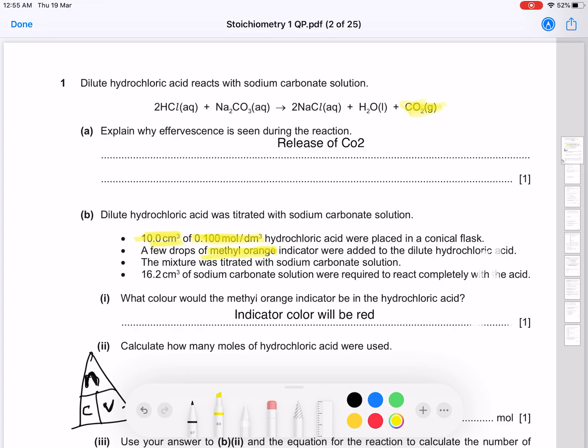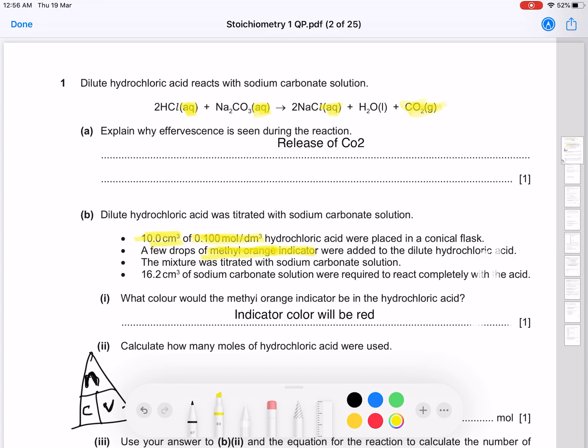Obviously, guys, you need the indicator here because the acid is aqueous, the base as well is an aqueous base, the salt as well is aqueous. So you need a sign to show you that we have reached the neutralization point, because you won't be able to identify the neutralization point until you add an indicator like the methyl orange.